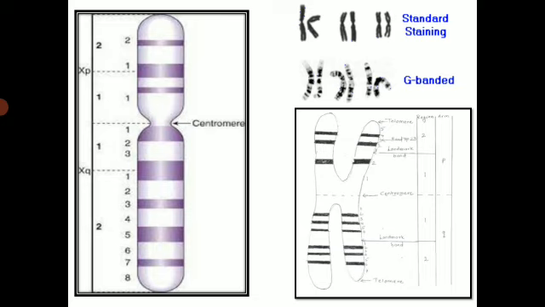Special stains bind preferentially to a certain segment of DNA because of the presence of higher or lower concentration of certain constituents, producing visible patterns of bands. Bands are the crosswise stains or striations on the chromosomes.